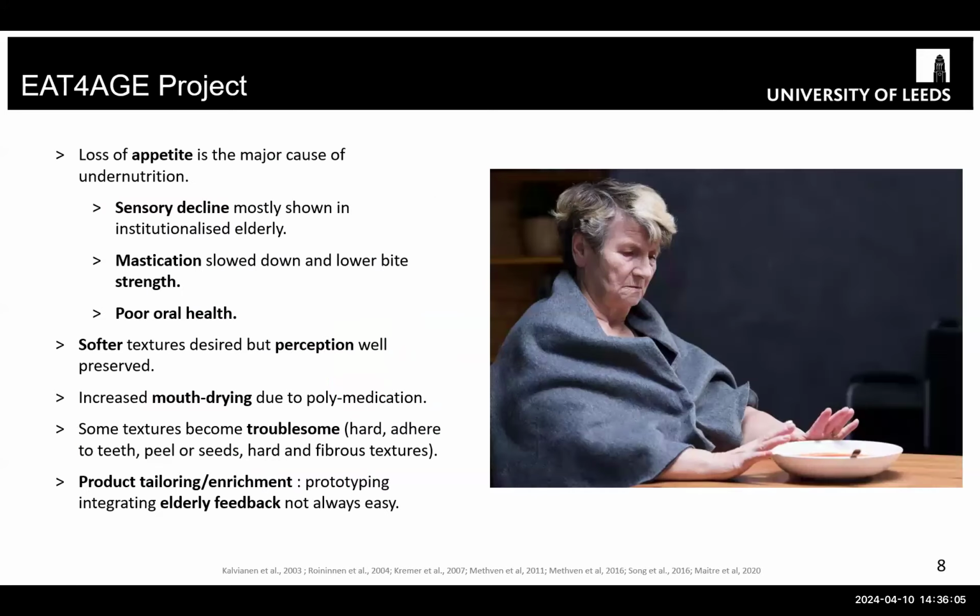The reason why this project came to life is that it's not a secret that aging affects the way we eat, with the loss of appetite being the major cause of undernutrition in older adults. There are multiple factors that might be involved, for example the decline of sensory perception, the decline of the quality of the saliva, the decline of dental health, or the tongue strength that we have.